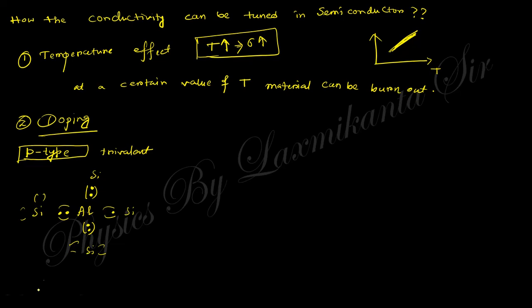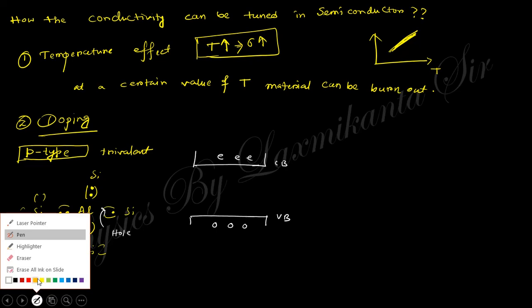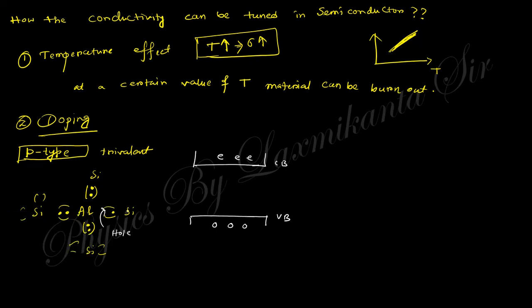Okay, so you can see there is a hole generated. In the energy diagram you can say at T Kelvin temperature, if there are 3 holes, they are making 3 electrons in the conduction band, and this is in the valence band. Now due to the doping effect, a large number of holes are produced.